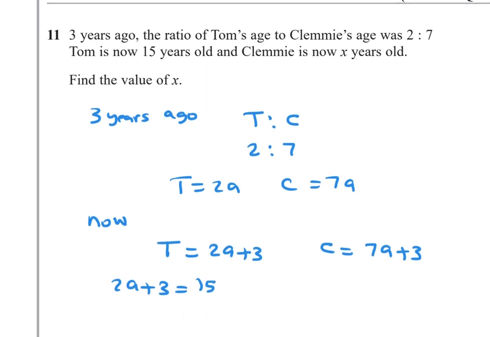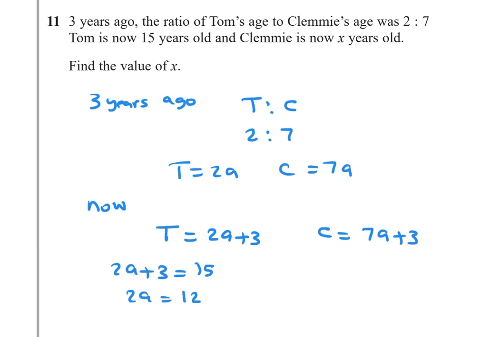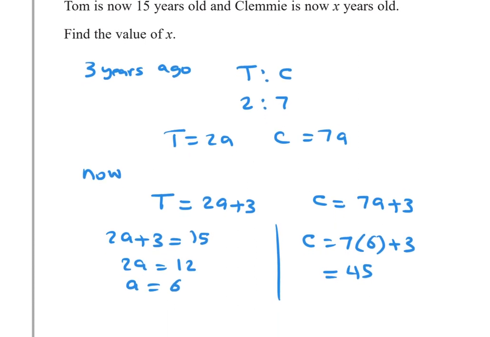Now we can solve for a, so 2a equals 15 minus 3, which is 12, divide by 2, so a equals 6. Now we can find Clemmy. Clemmy will be 7 times 6 plus 3, 42 plus 3, so 45. So now x equals 45.